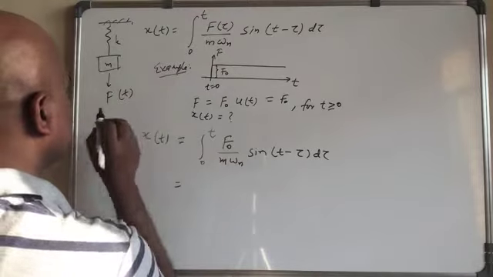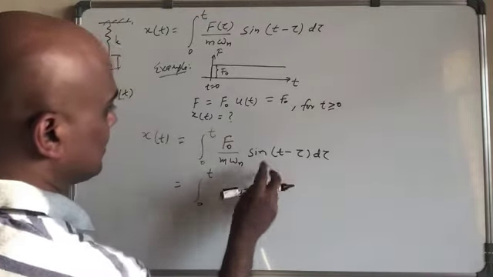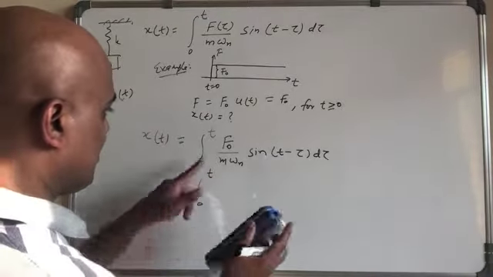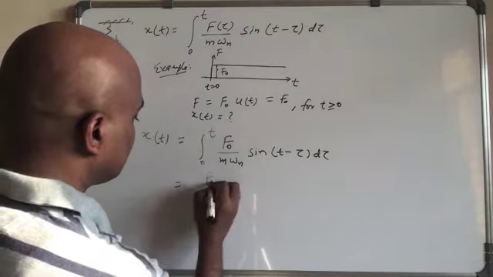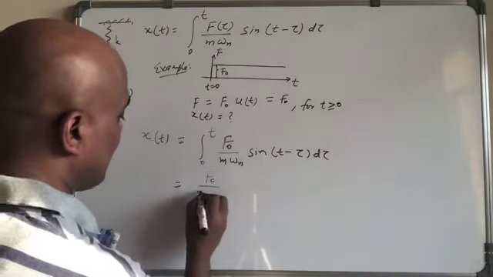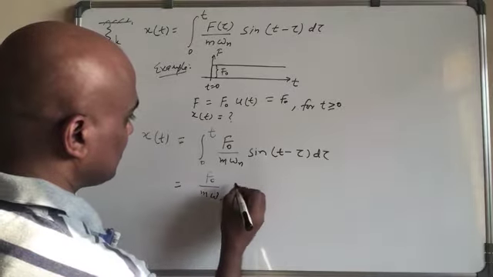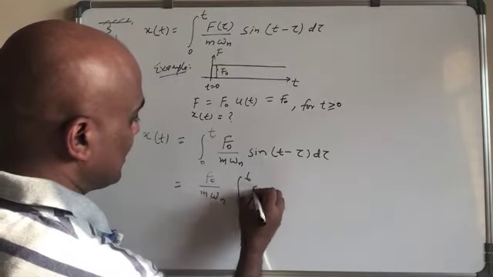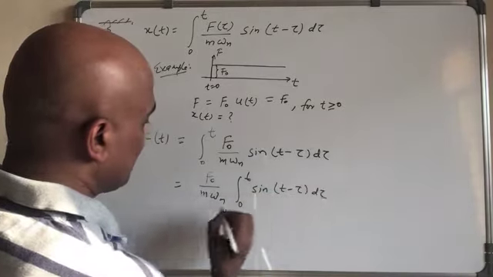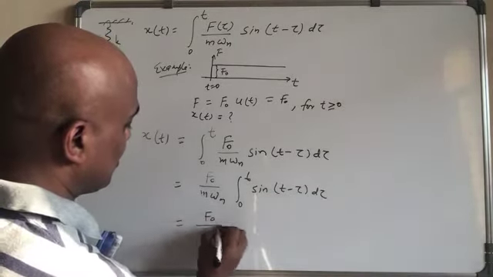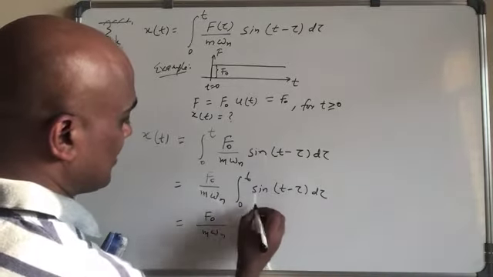this one, right? Okay. So we get 0 to t, and then we can take this outside. So we have f naught divided by m omega n, 0 to t sine t minus tau d tau, equal to f naught over m omega n, and this, what do we get?